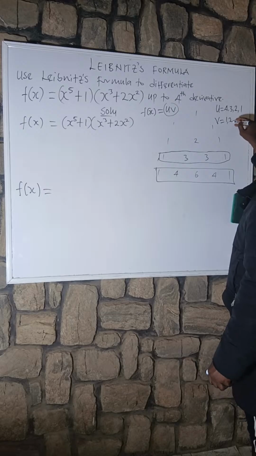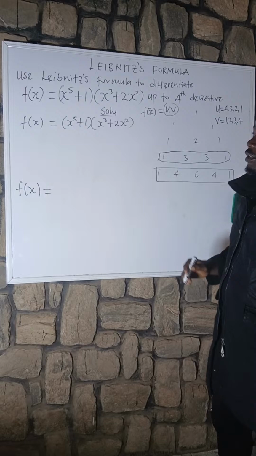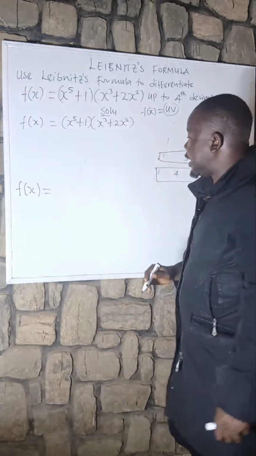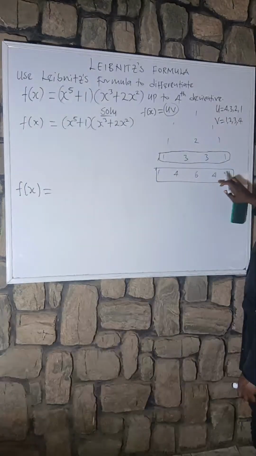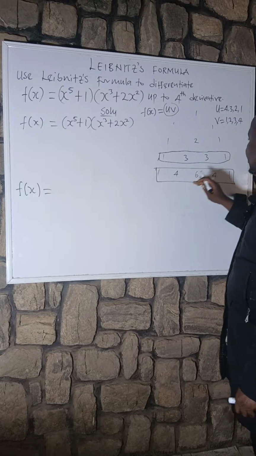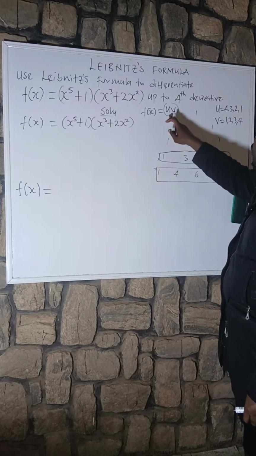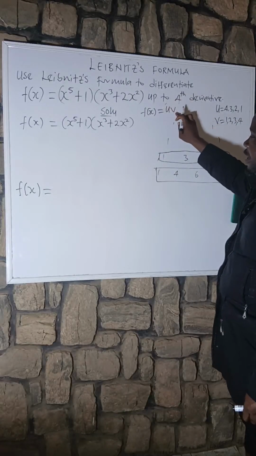That is 1, 2, 3, and 4. That is what I want to do. As you can see now, with the help of this coefficient, 1, 4, 6, 4, 1, use this one to multiply uv.